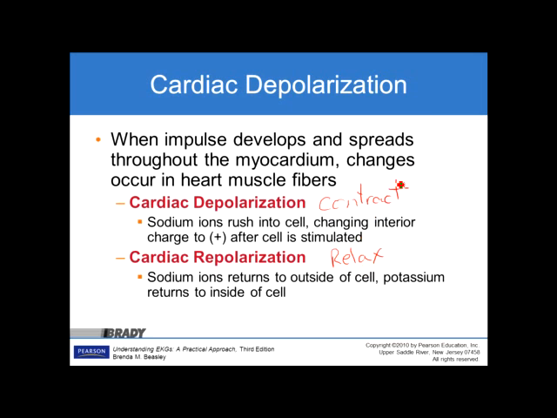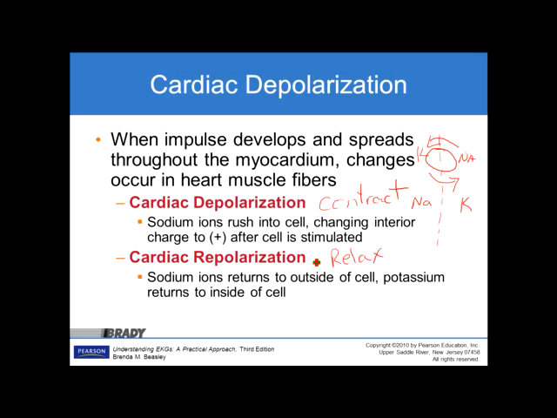So again, with my cell wall here, we have a sodium-potassium pump. Potassium is on the inside, and sodium is on the outside. This is flipped during depolarization, so that potassium is on the outside and sodium is on the inside.